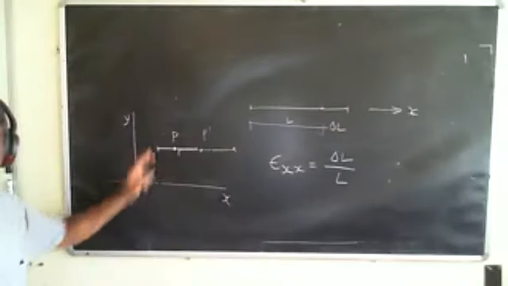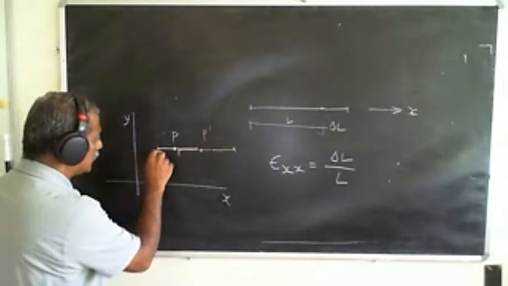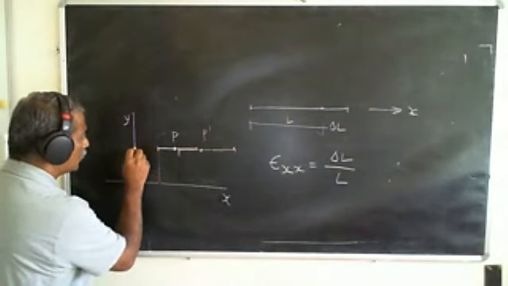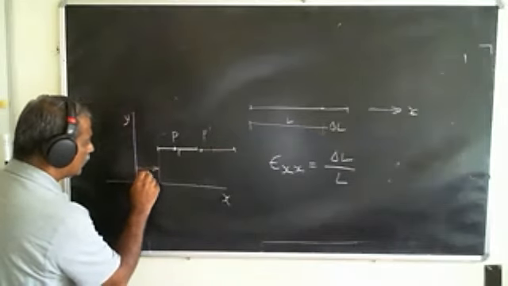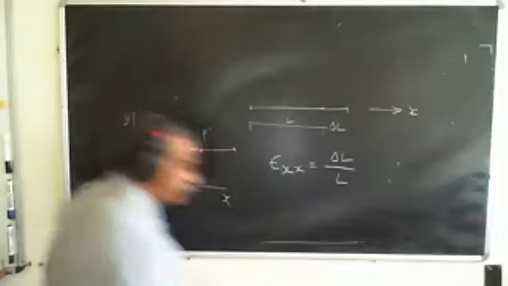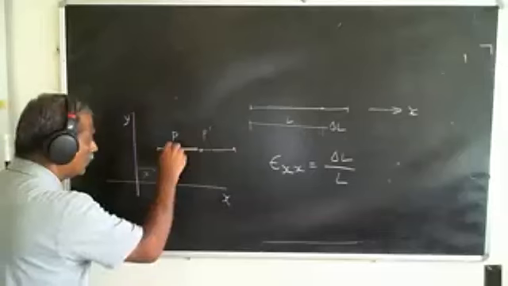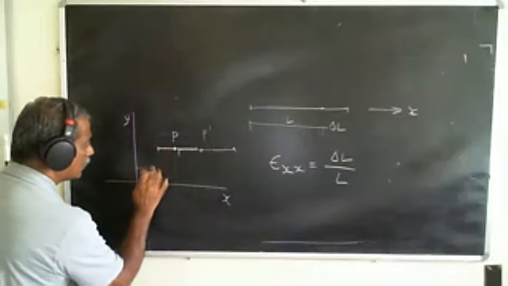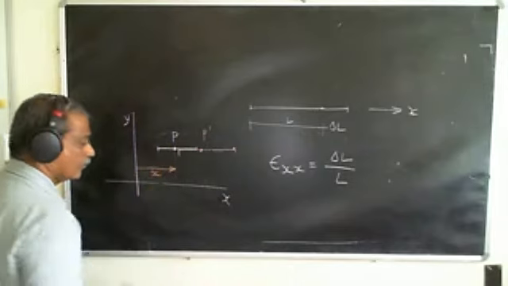So far, so good. Is this clear? Right. So let's say this is the initial position. I'm going to use only X over here. We are tracking the point P here. So the initial position of that point is X over here, right?